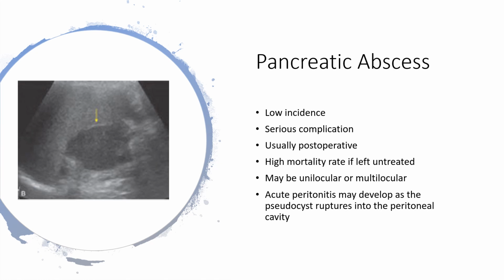Abscesses can arise from neighboring infections such as perforated peptic ulcers, appendicitis, or again, acute cholecystitis, which is gallstones, okay, or gallbladder disease. If it ruptures, you can get acute peritonitis, and that will be an abscess then in the peritoneal cavity.